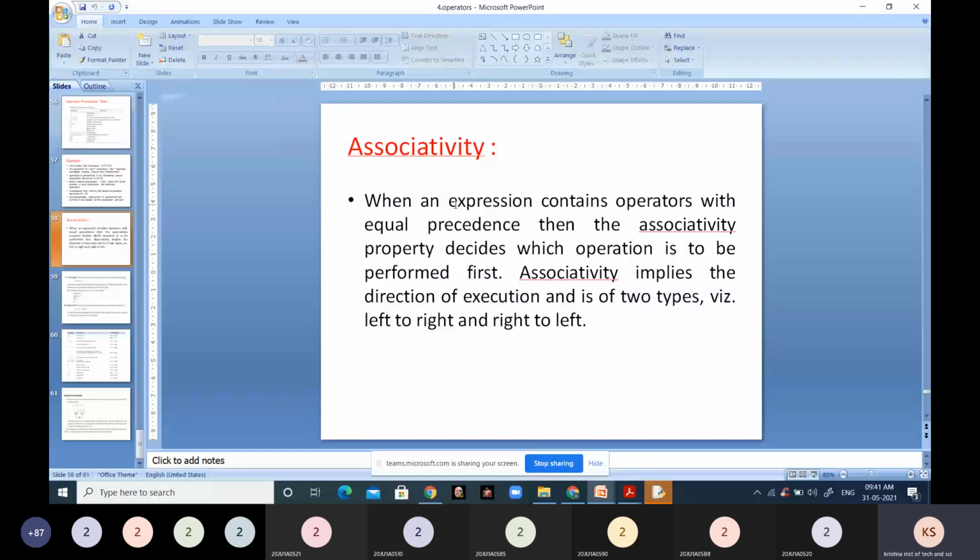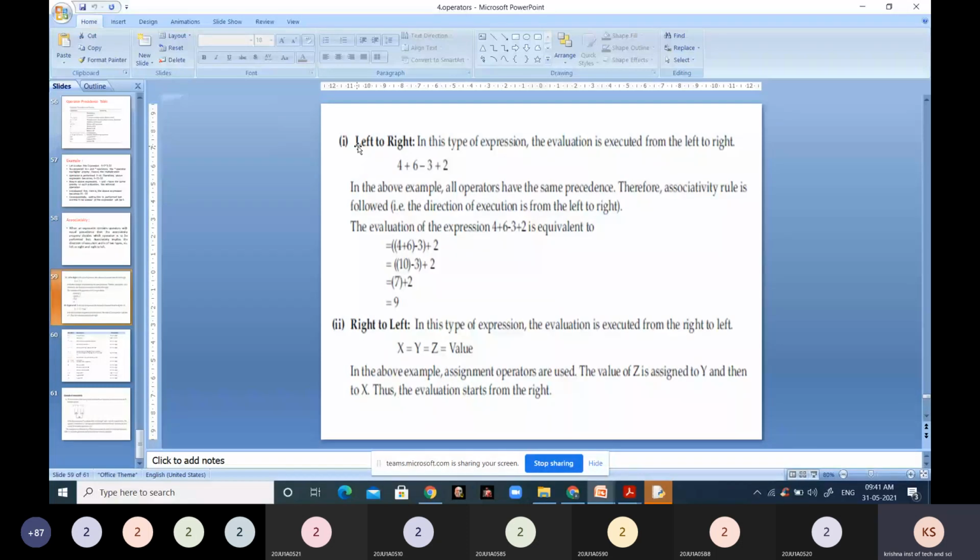This property decides which operation is to be performed first. Associativity implies the direction of execution and is of two types: left to right and right to left.